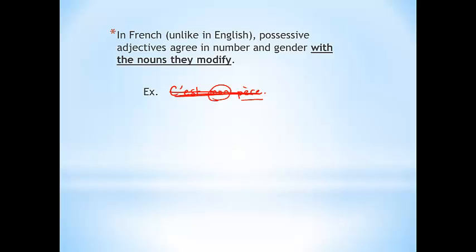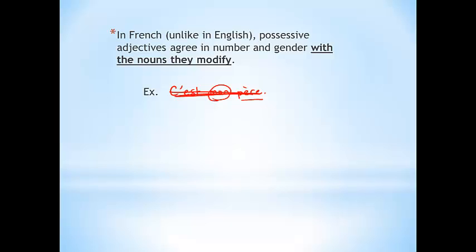So if I, as Mademoiselle Grushala, wanted to say, this is my brother, it doesn't matter what gender I am. It doesn't matter that I'm a girl. It matters what the gender of brother is, because that's the noun that's being possessed.